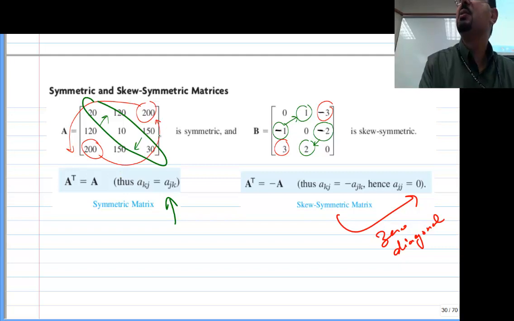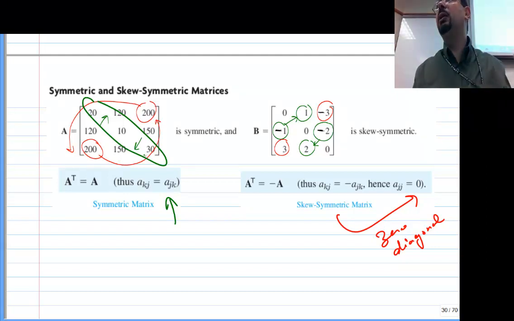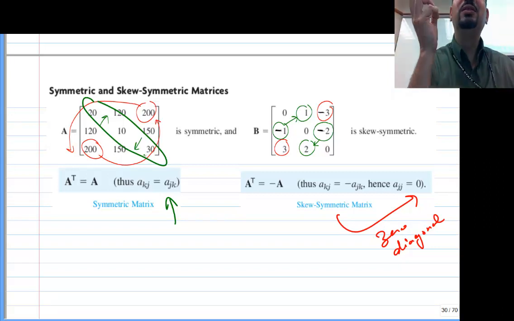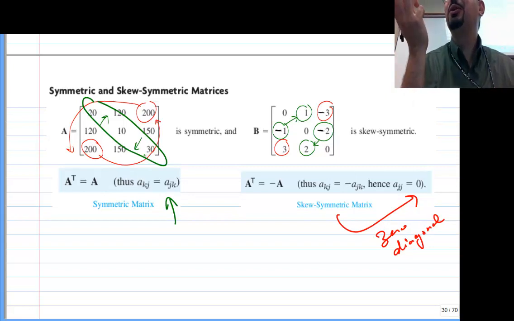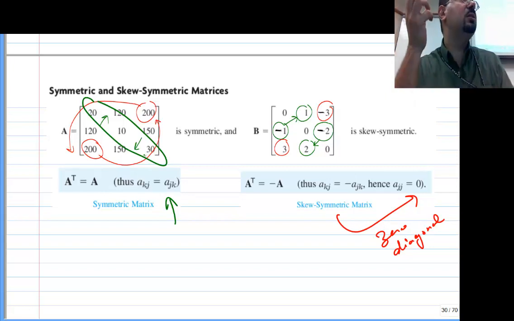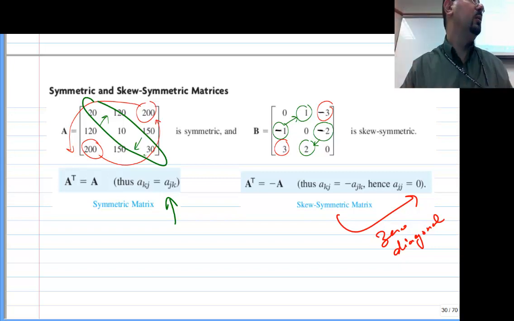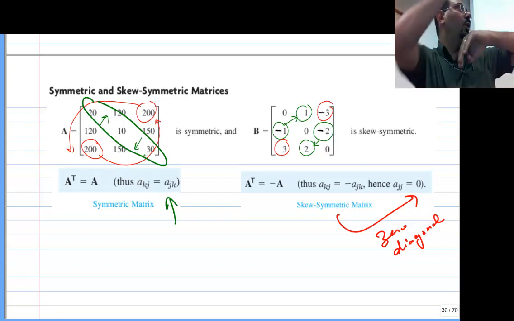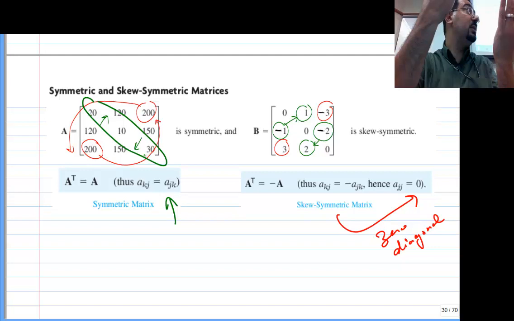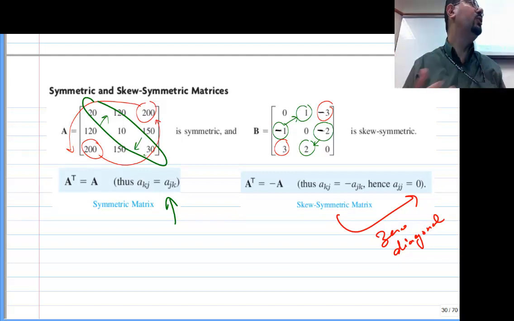A32 is the same as A23. The diagonal elements don't have to do anything, because A11 is the same as A11, and A22 is the same as A22. It's always the case in any matrix. We're talking about the same element. But A21 is not necessarily the same as A12, so there is not necessarily a mirror across the diagonal. But when this mirror exists, then it's called a symmetric matrix.